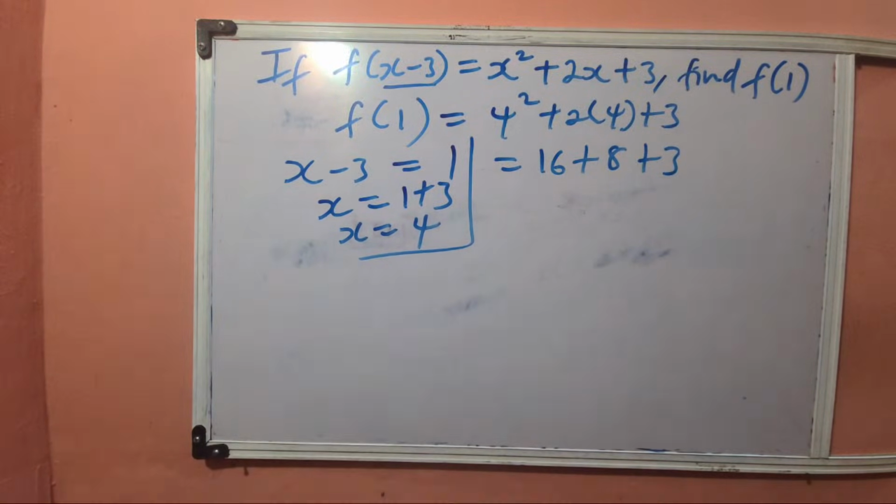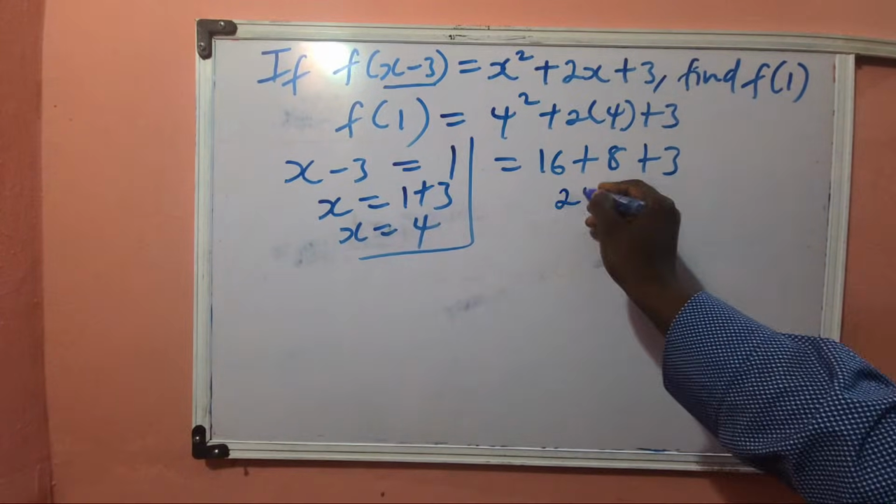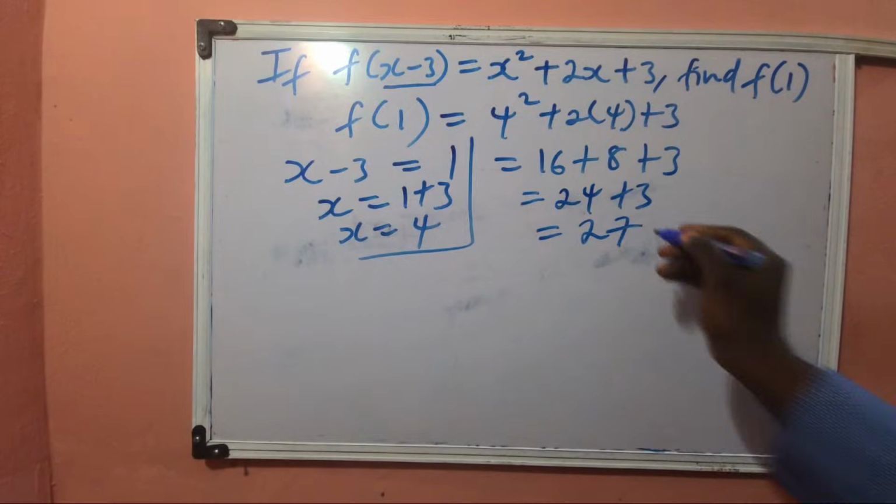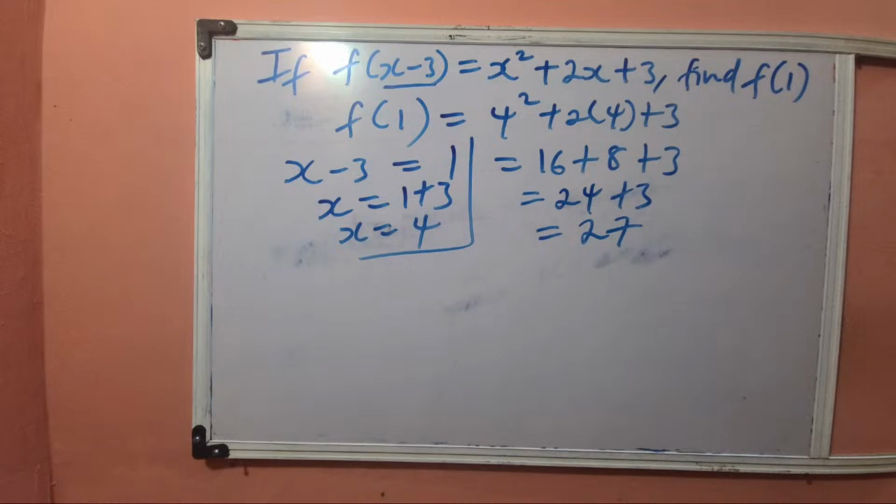That gives me 24 plus 3, and that is 27. I'm sure you guys can see how easy it is to solve these questions when you have the right understanding of polynomials.